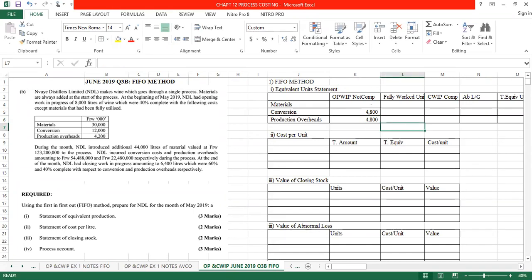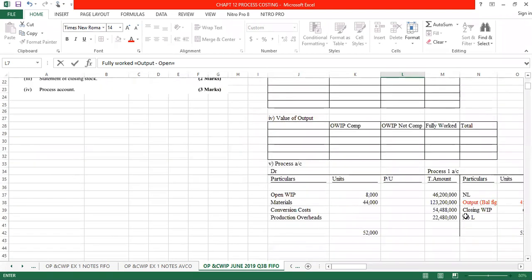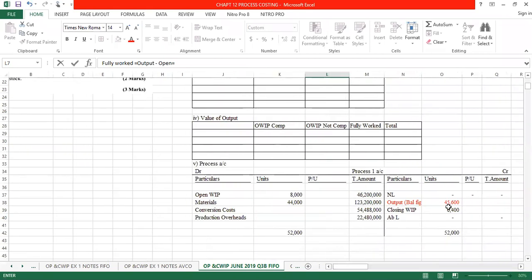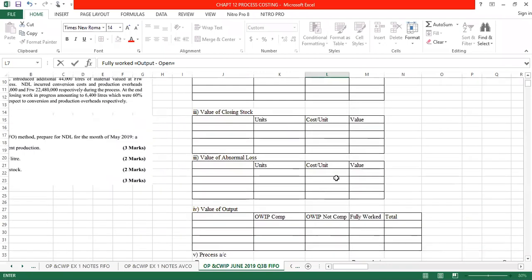Fully worked, by now everyone knows what fully worked is. We had said fully worked is equals to output minus opening, which is equals to, our output is 45,600 minus 8,000.